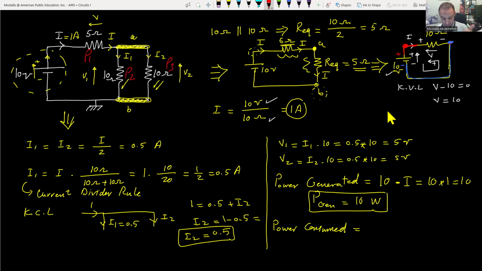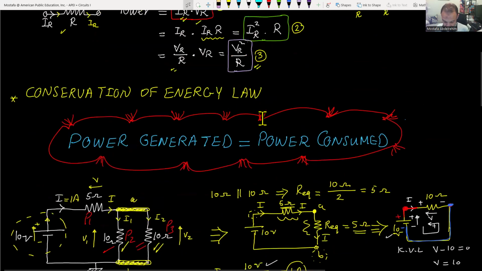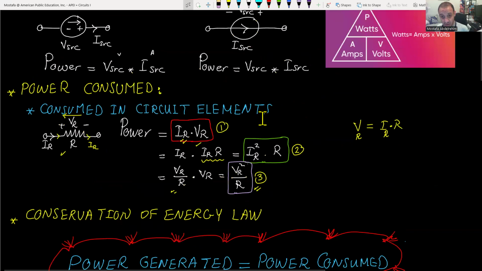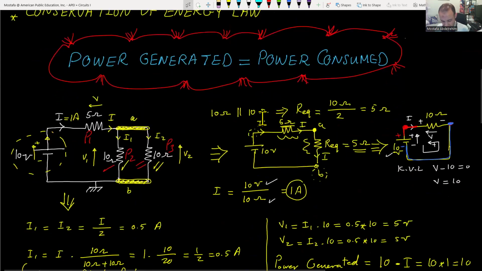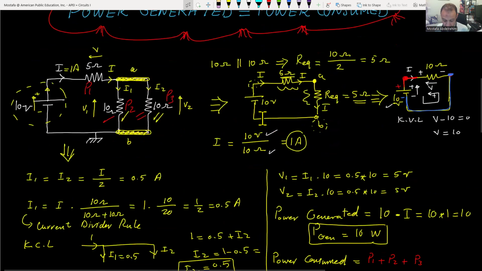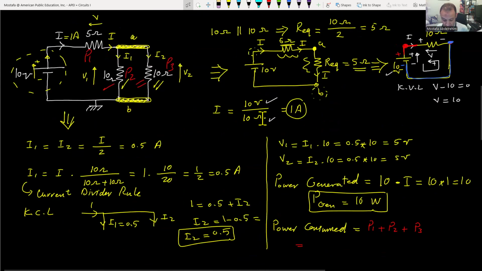The power consumed in the 5 ohm, the power consumed in the 10 ohm here, and the power consumed in the 10 ohm here. So P1 plus P2 plus P3. So P1 equals I square R. Basically here, you have IR times VR, or I square R, or V square over R. We don't know the voltage, you can determine it easily, but I will keep it as an assignment for you. Just I square R, because we know I is 1 ampere, just square it and multiply by 5.